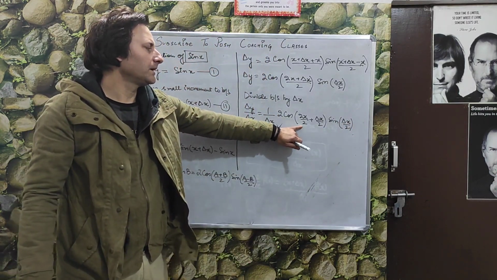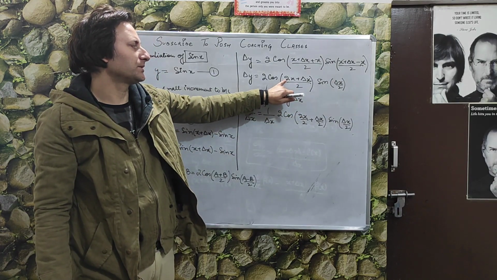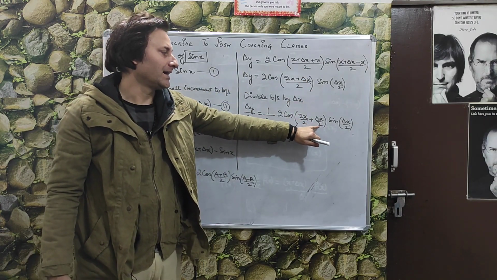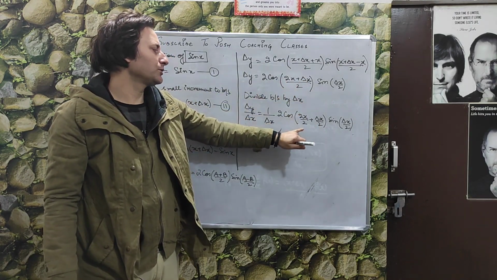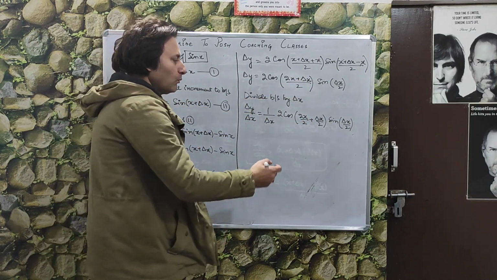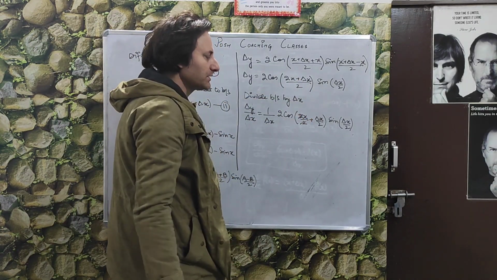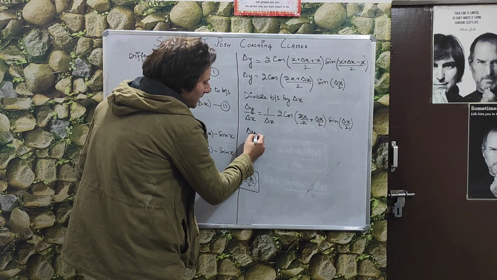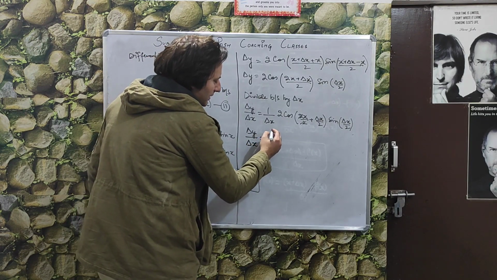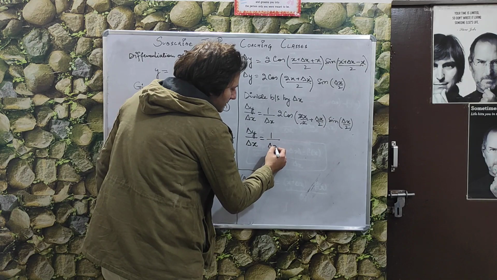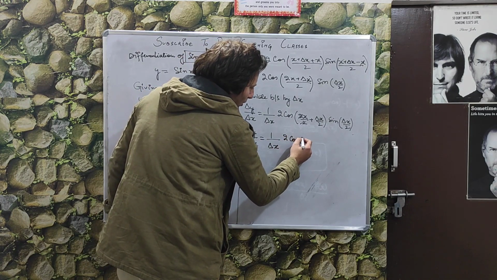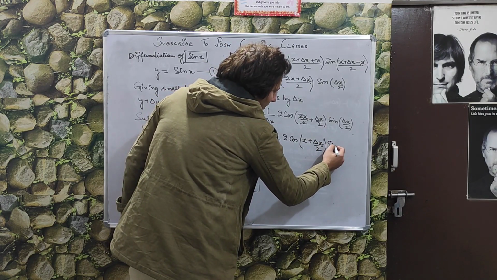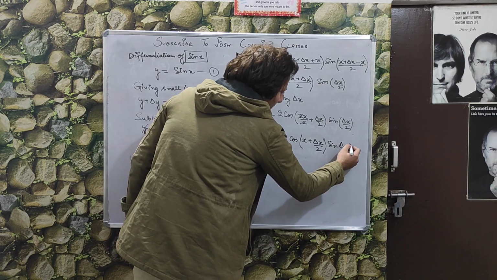Don't get confused here. I have not done anything here, it's just a simple thing. This 2 is with this 2x as well as with this delta x, so I just bifurcated it: 2x upon 2 plus delta x upon 2. Why am I doing this? Because I can cancel out this thing. So what is left? I have delta y upon delta x is equal to 1 upon delta x twice cos (x plus delta x by 2) and then sine (delta x by 2).